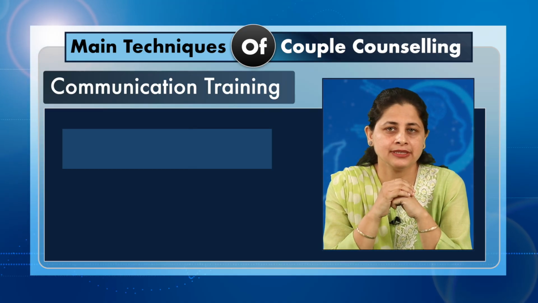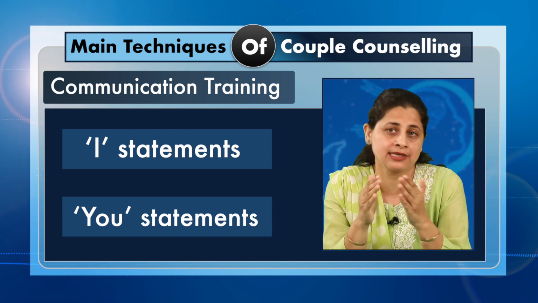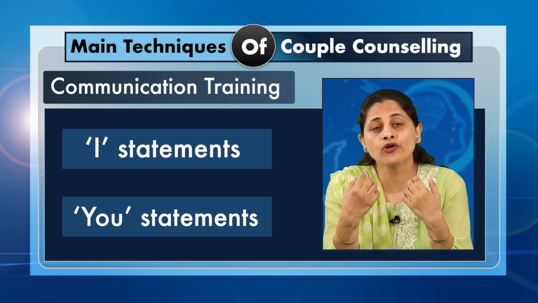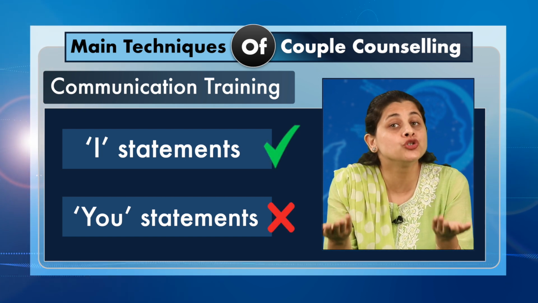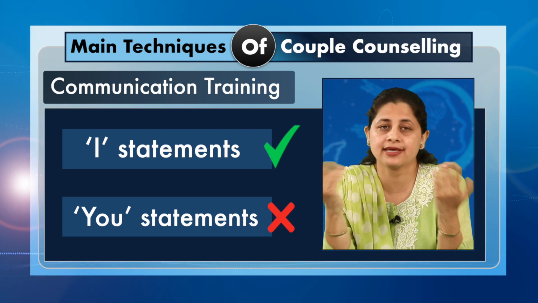Listening skill is an important part here. It seems simple, but not really so. Couples learn specific guidelines to help them effectively perform each of these skills. For example, when individuals are trained in the disclosure skill, they are instructed to use more of I statements than you statements and be more specific than generalized.